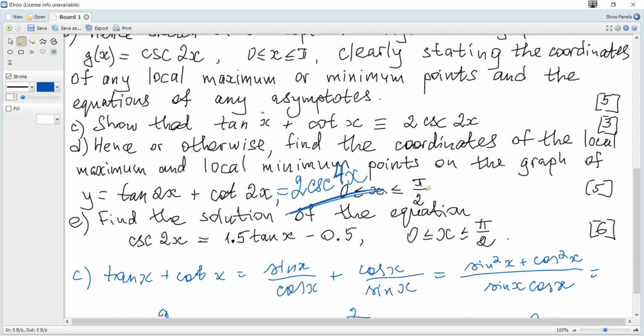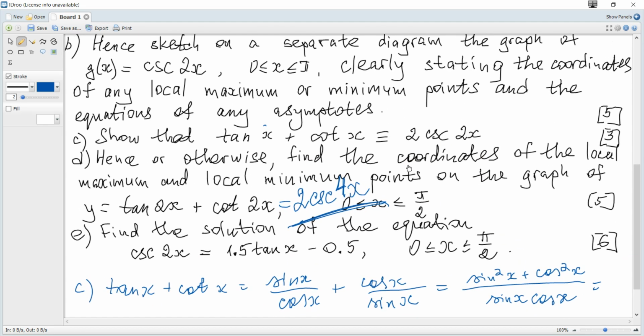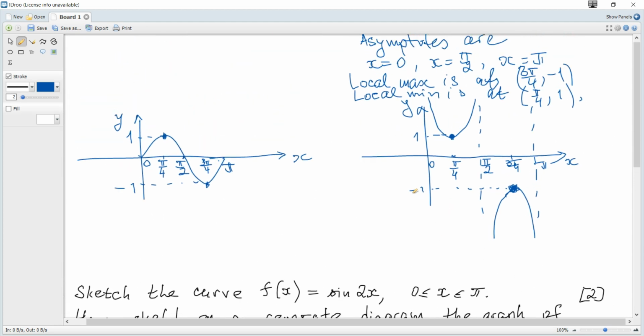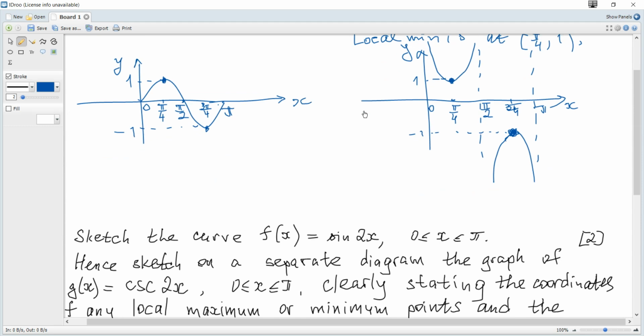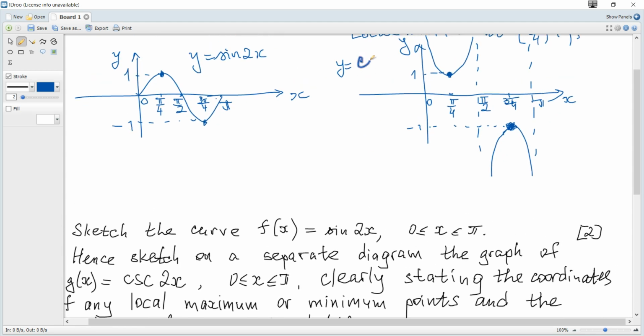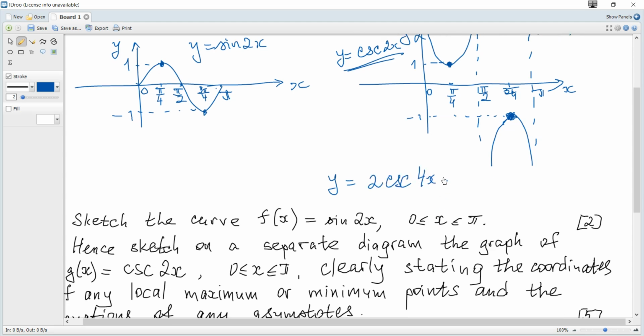And we should consider a graph of 2 cosecant 4x, and definitely we can use the previous graph, which is y is sine of 2x, it's y is just cosecant of 2x, but now we need 2 cosecant of 4x.